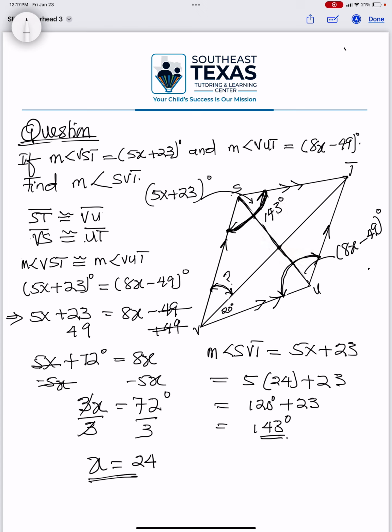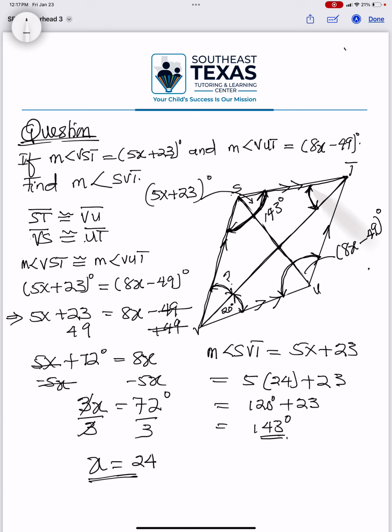And we know that if you consider this triangle VST, this angle here is an alternate angle to the one at T.